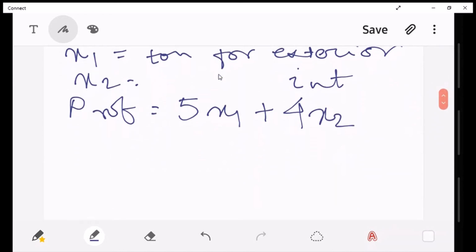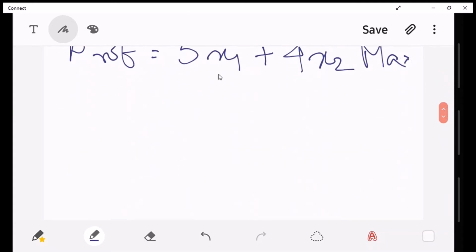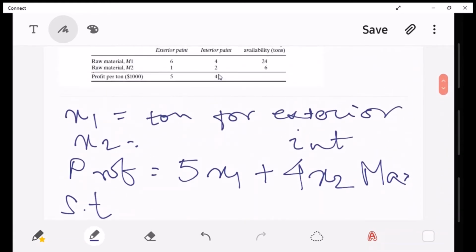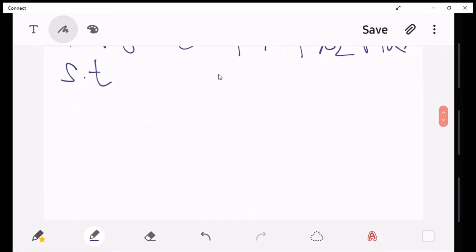Also we need to maximize this. And what are my constraints? My constraints can be found from this table and the other rules.